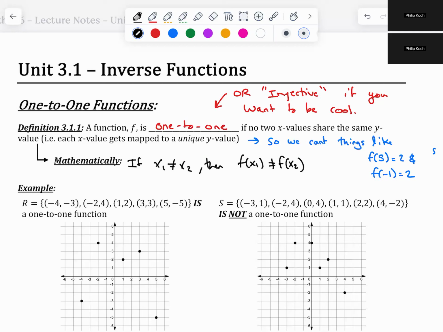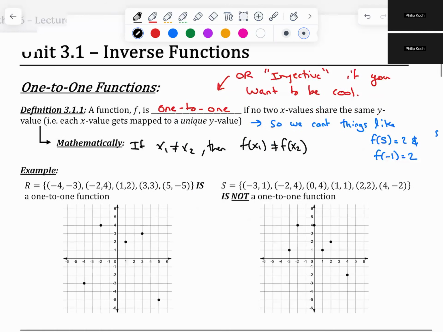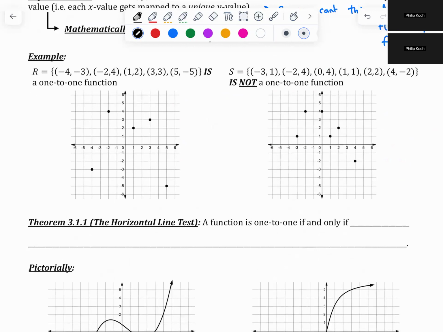Either way, that's the mathematical definition. You're not going to be tested on that aspect. To show you an example, the first one, that collection of points, is a one-to-one function. You'll notice that it satisfies the vertical line test, right? No vertical line crosses through at more than 1 point.